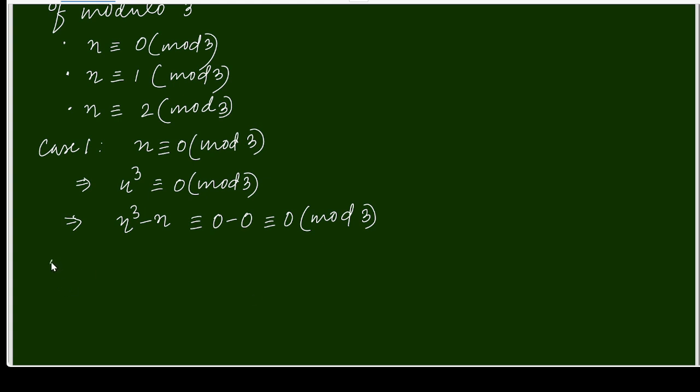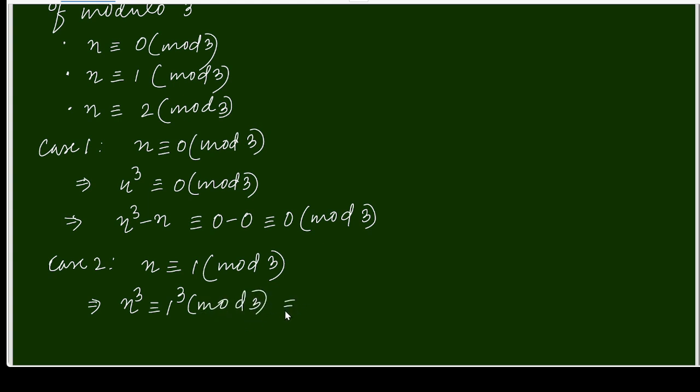Now case 2, n is congruent to 1 modulo 3. That means n cube is again congruent to 1 cube modulo 3, or that is congruent to 1 modulo 3.